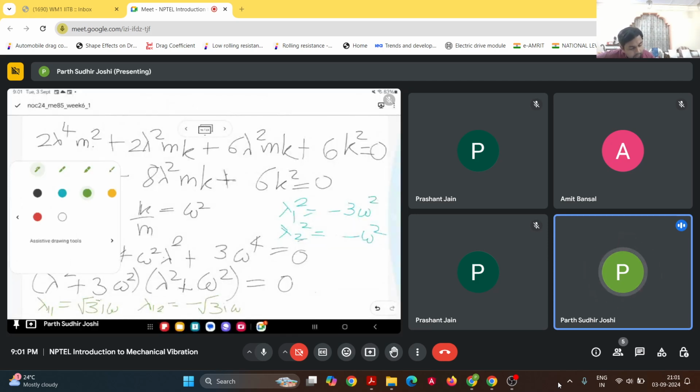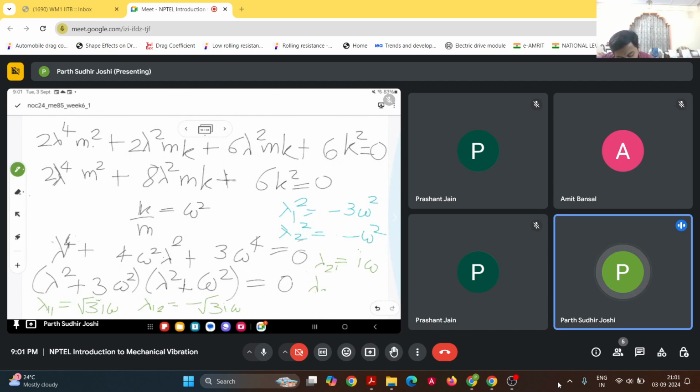Similarly, lambda 2 1 will be i omega, and lambda 2 2 will be minus i omega. So these are the four, lambda 1 1, lambda 1 2, lambda 2 1, and lambda 2 2.